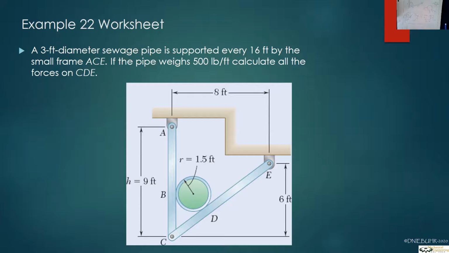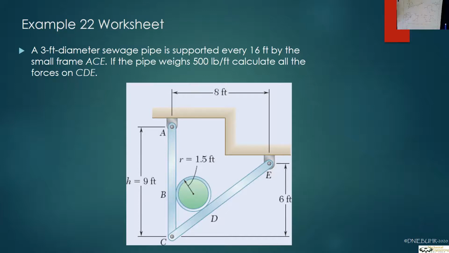Imagine the pipe is coming out of the screen towards you, and the pipe weighs 500 pounds per foot. You want to calculate all the forces acting on CDE, or that one member. The pipe is going to have a weight of 500 times 16, so 8,000 pounds is essentially the force of gravity acting on it.